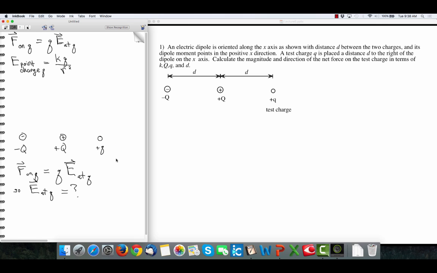So, how do you find the total electric field at plus q? Plus q is to the right of both of those others. Those other charges, the negative charge over here and the positive charge right here, are both to the left of this plus q. So first, let's just do direction, and I'm going to ask you to tell me by pointing with your finger the direction of the electric field at the location of the test charge due to the positive charge plus capital Q, the positive half of the dipole.